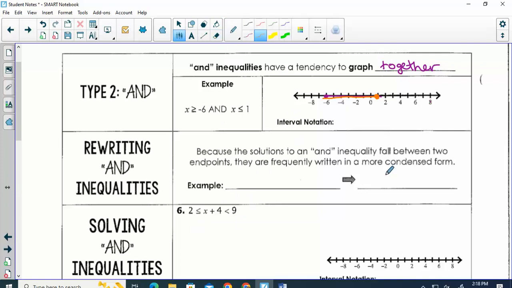Because they usually fall in between two endpoints, we can write it in a different form. So this one, you notice it starts at -6, it ends at 1. We might write that as -6 less than or equal to x less than or equal to 1.